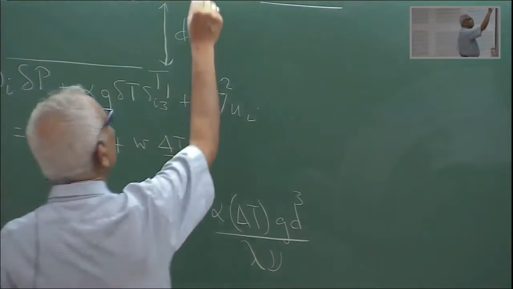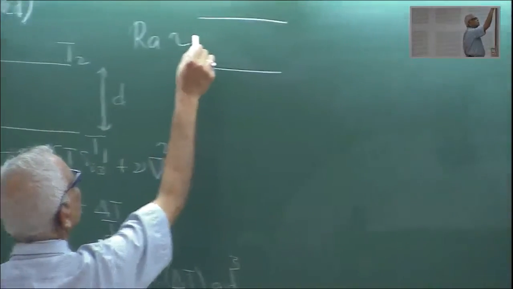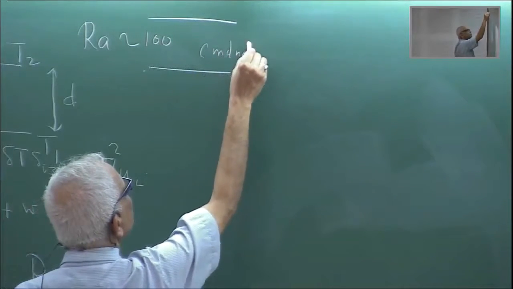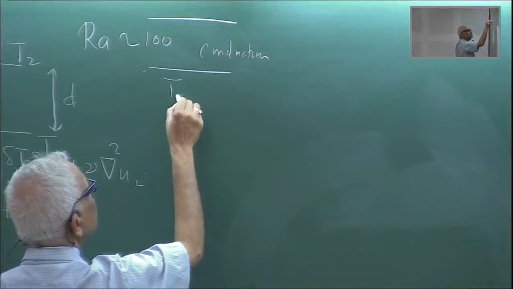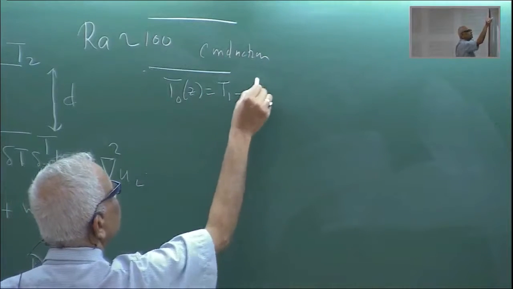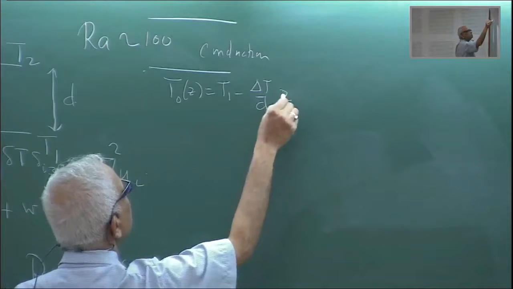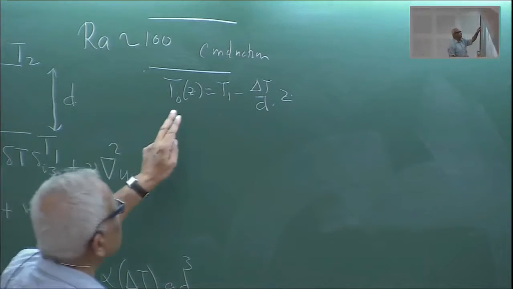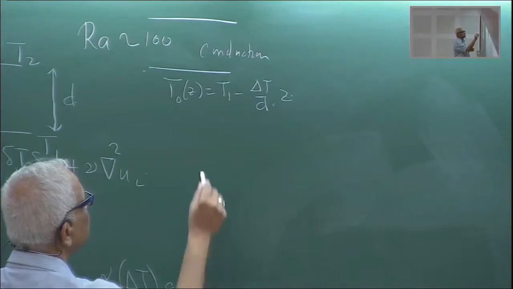At a very low Rayleigh number, of the order of 100 or so, you just have conduction with the profile T0(z) equal to T1 minus delta T over d times z. And this delta T, mind you, is temperature minus the steady state profile, just as delta P is P minus P0, the steady state profile. So this is the conduction.